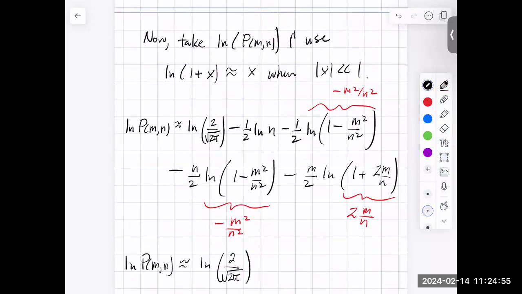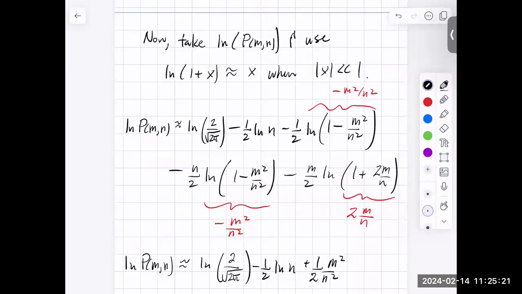Okay, then it's minus 1/2 ln n. That doesn't change. So now things are going to be different. So let's see, minus 1/2 and then the minus cancel. So we're going to get m squared divided by n squared with a 1/2. So I think it's plus 1/2 m squared divided by n squared.